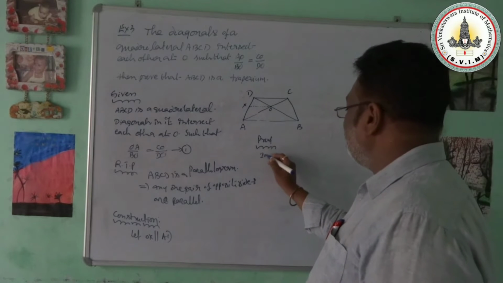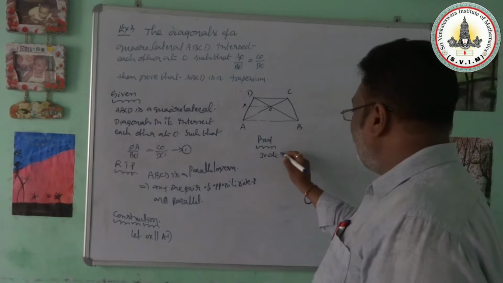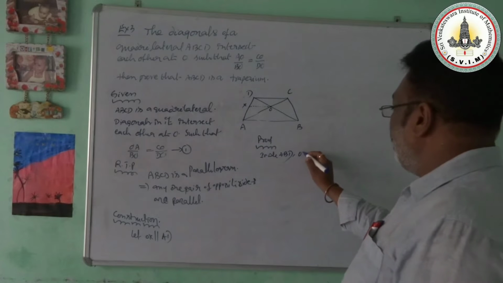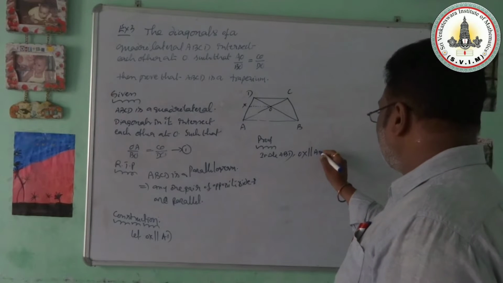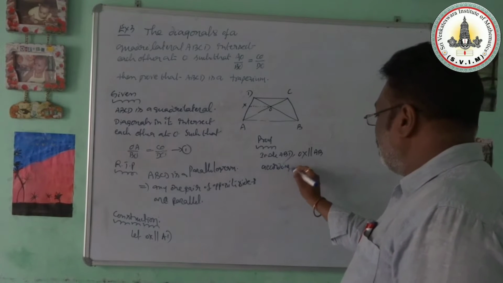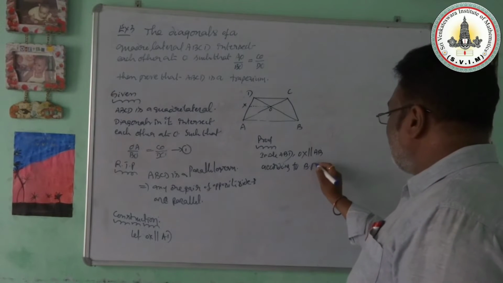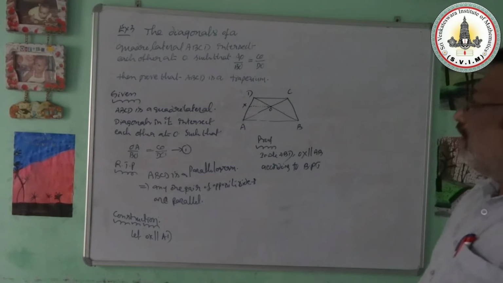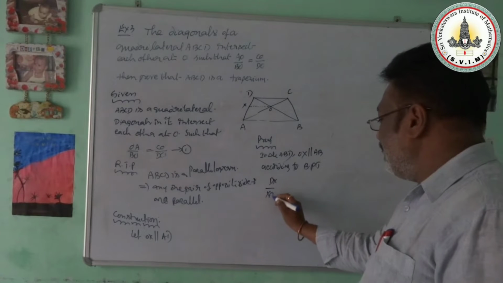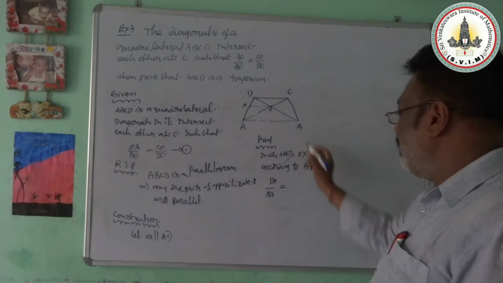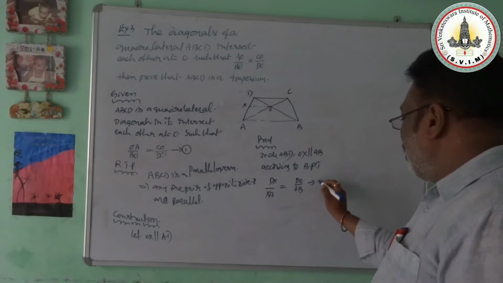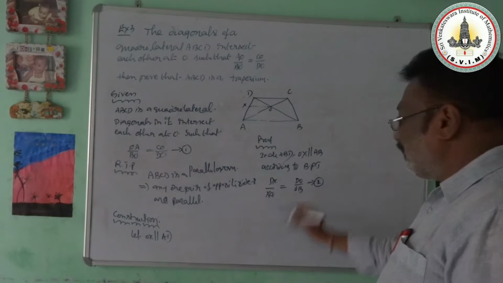In triangle ABD, OX is parallel to AB. Here, according to the basic proportionality theorem, we can write DX by XA is equal to DO by OB. DO by OB. This one I am taking as equation 2.